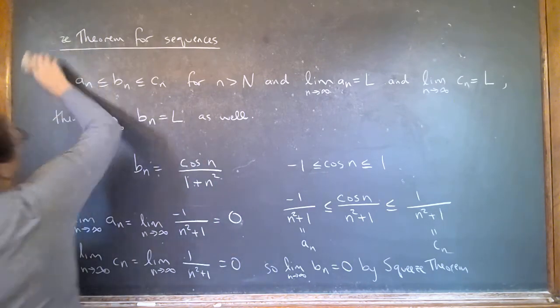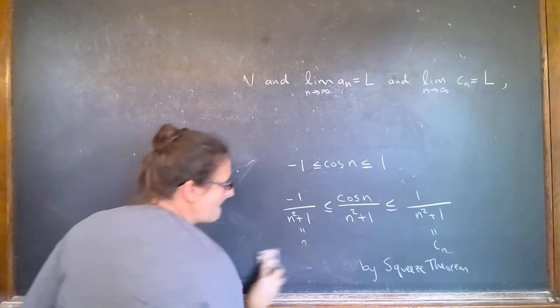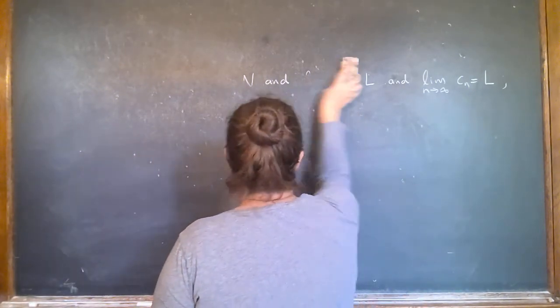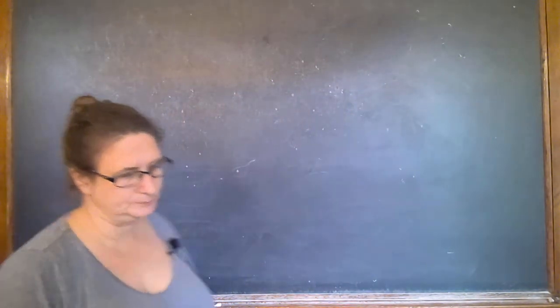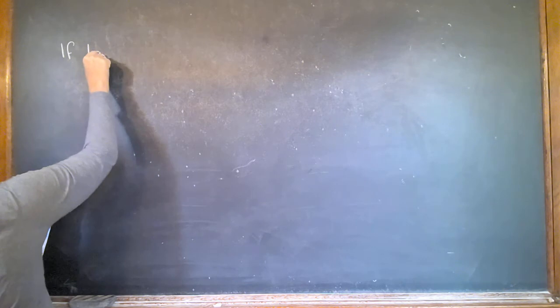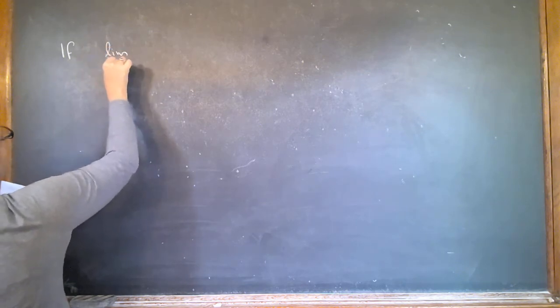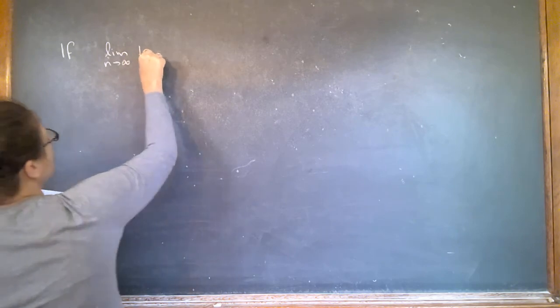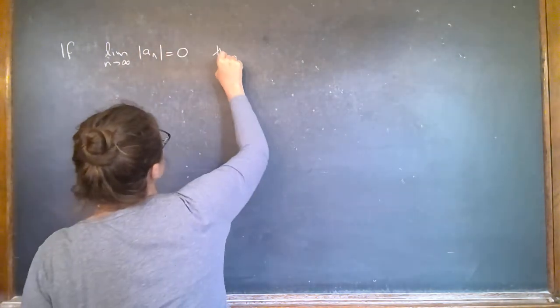Another sort of useful little result is the following statement. And we actually almost used this already: if the limit of the absolute value of an is equal to 0, then an is equal to 0.